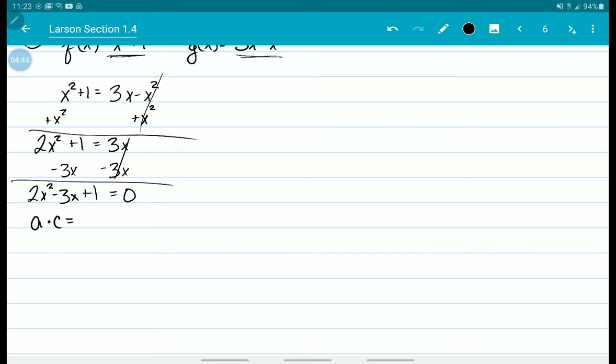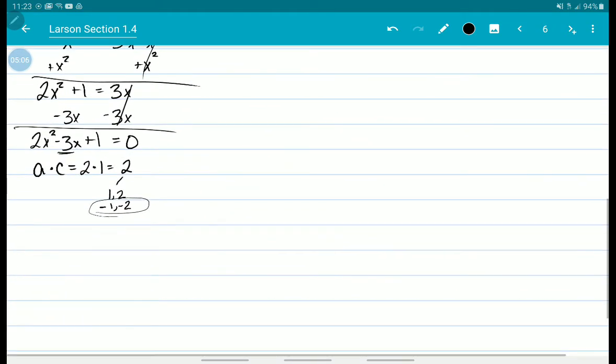In this case, our A times C is going to be 2 times 1, which is 2. And then we ask, what can we multiply together to get 2? Well, we can multiply a 1 and a 2, or a negative 1 and a negative 2. We need them to add up to negative 3, so we're going to use that combination.